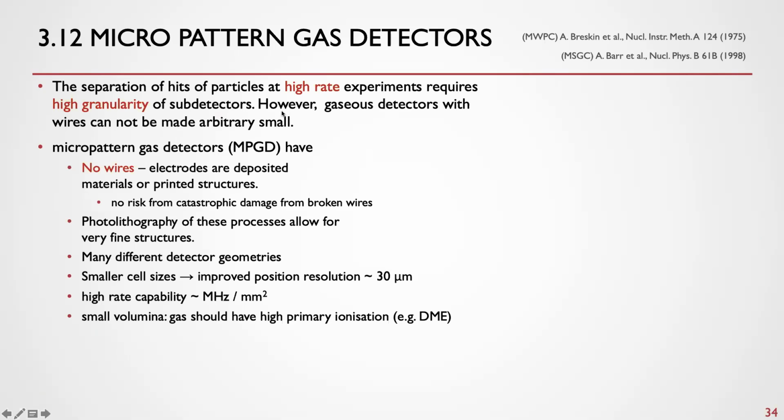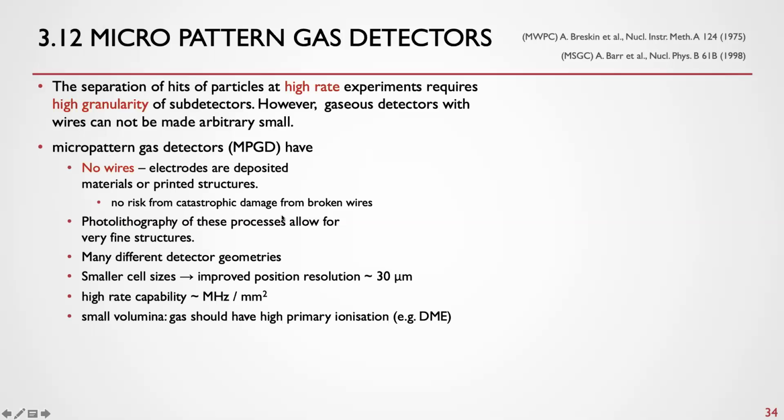The smallest wire diameters are 10 microns, and then there is the spacing. Micro-pattern gas detectors do not have wires. Instead, the electrodes are material that's printed on the structure. There is therefore also no risk of catastrophic damage from broken wires. I mean, there are other catastrophic damages that are possible, but well, there are no wires around.